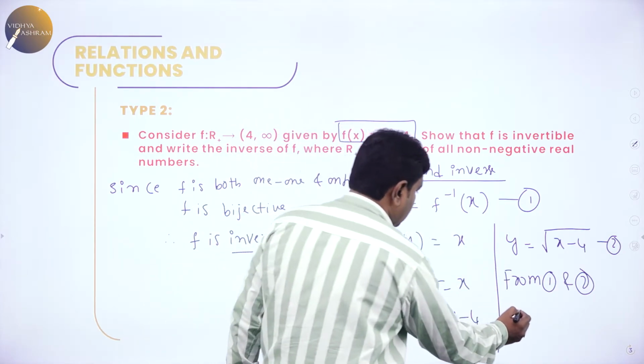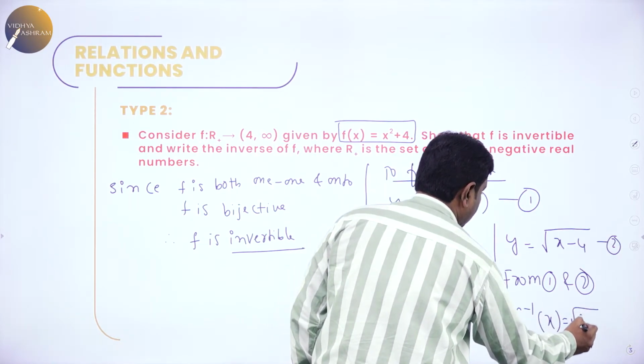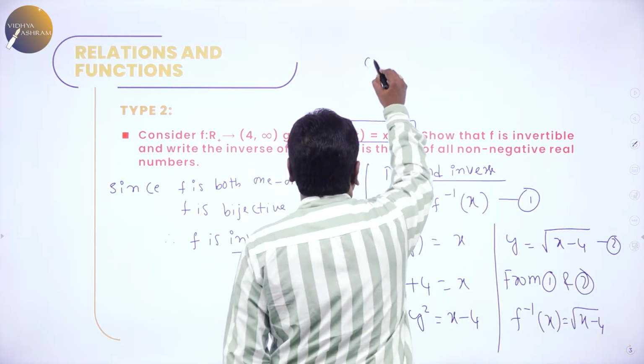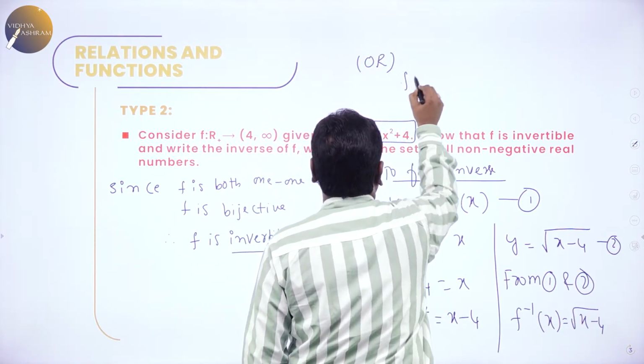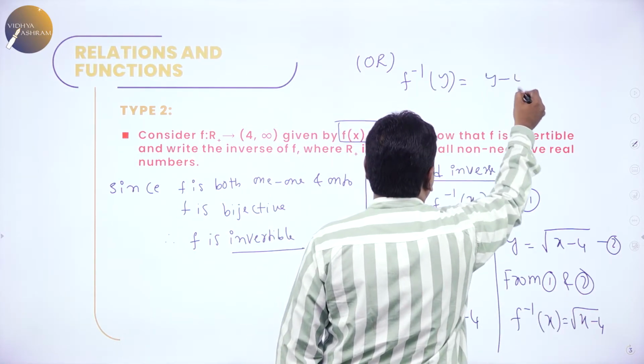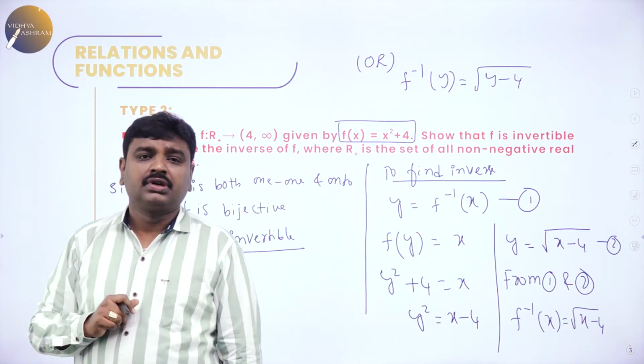What is RHS? f inverse of x is equal to root of x minus 4. Or if you want f inverse y, instead of x write y minus 4 under root.